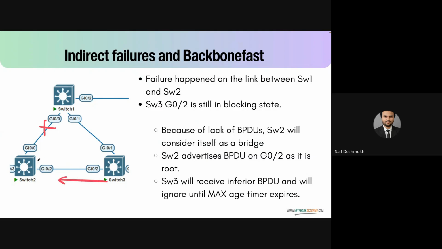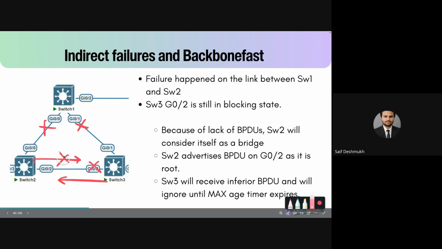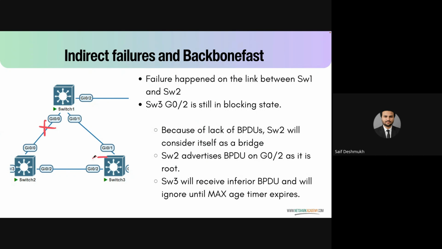Earlier, we were in blocking, we lost our interface, and switch 2, when sending the BPDU, we knew we had an alternate path. If we didn't receive this BPDU, we wouldn't know. So we are not sending any BPDUs from switch 3, because this interface is in blocking.